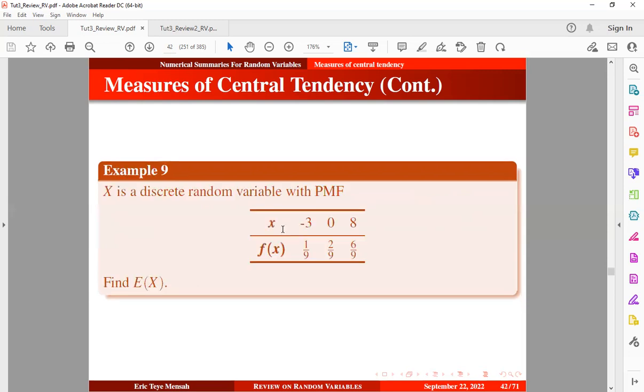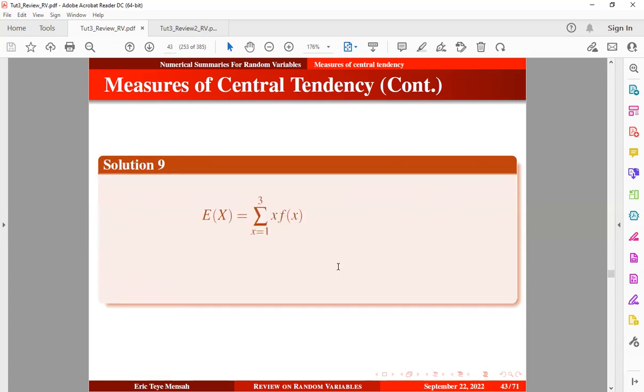This is what I mean: we take the product of the random variable and its probability mass function, add it to the product for the next value of the random variable, and so on. Once we do that, we obtain this, and once you use your calculator to compute this, we get 5. So this is the solution for the expectation of the random variable X.